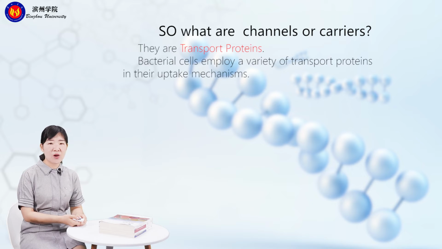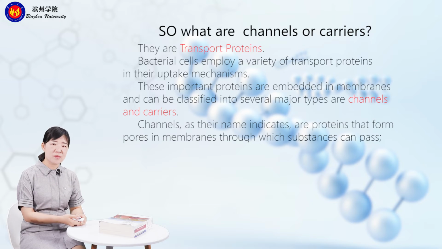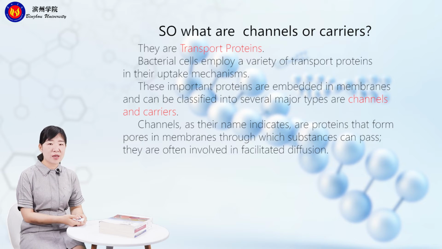Bacterial cells employ a variety of transport proteins in their uptake mechanisms. These important proteins are embedded in membranes and can be classified into several major types, channels and carriers. Channels, as their name indicates, are proteins that form pores in membranes, through which substances can pass.